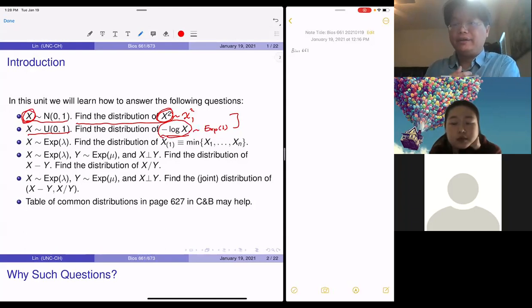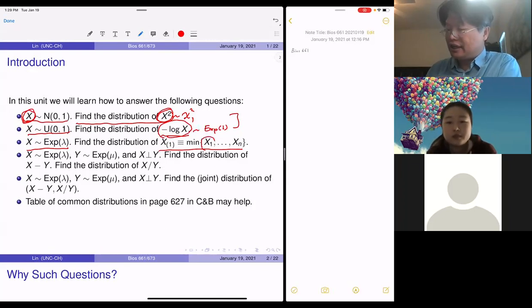But one of the things less obvious is if X is exponential(lambda), and then what is the minimum of X1 to Xn? We call it the minimum order statistic. That one to us is also a transformation because these guys are my original variables, and the minimum is some function I can apply to the original variables X1 to Xn.